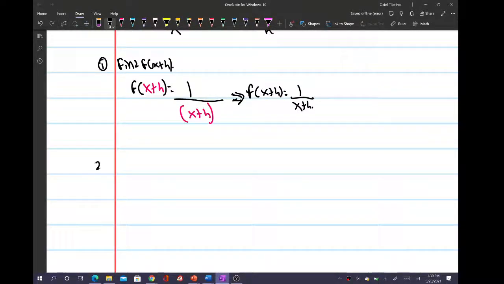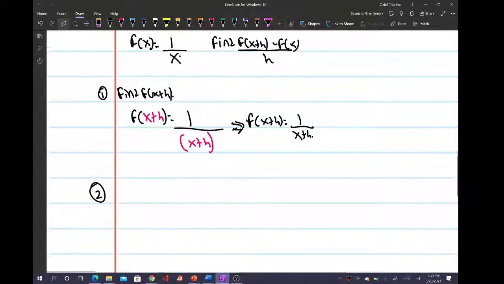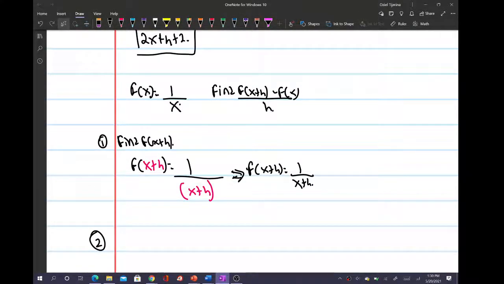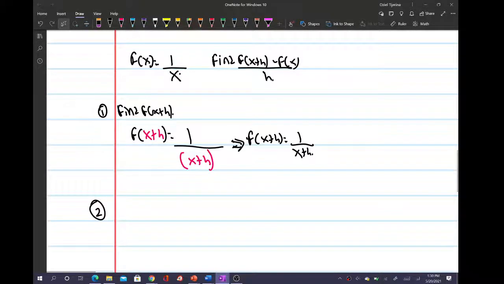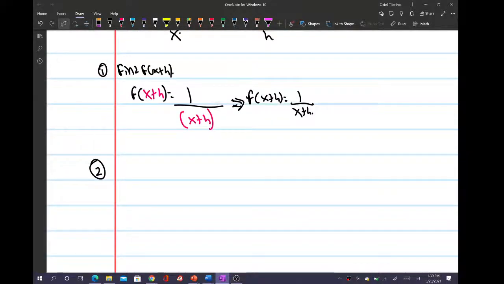And number 2, you want to go ahead now and plug this into our difference quotient, right? So f of x plus h minus f of x all over h will be equal to, let's go ahead and color code here.